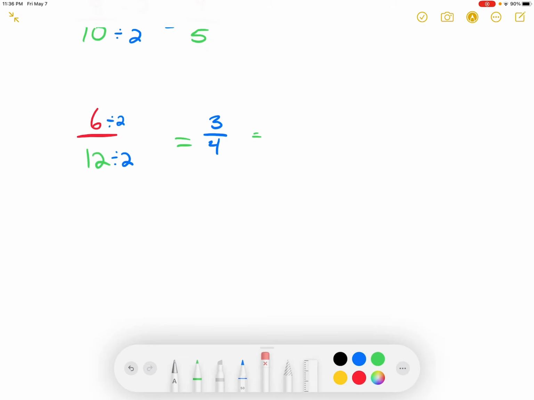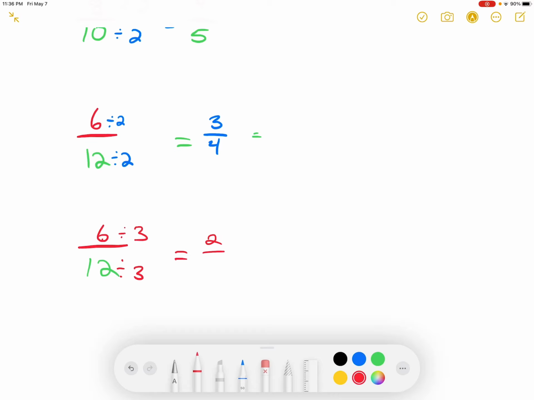Now, there's another way we could have done this one. We could have done 6 over 12, and chosen 3 as the common factor, because 6 can be divided by 3, and so can 12. But you'd still get the same thing. 6 divided by 3 is 2. 12 divided by 3 is 4.